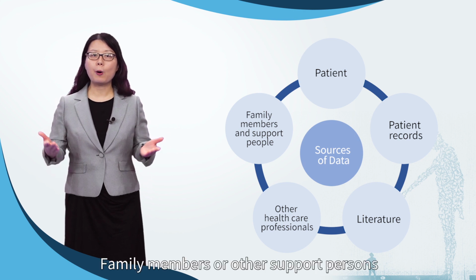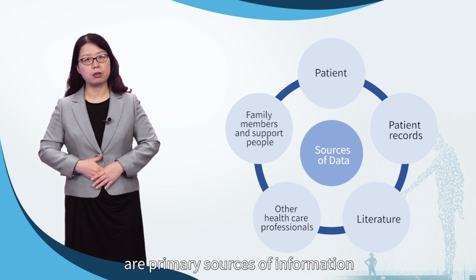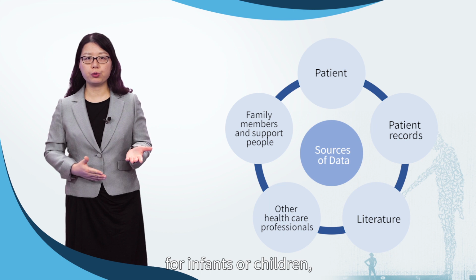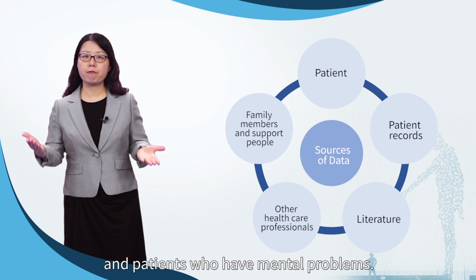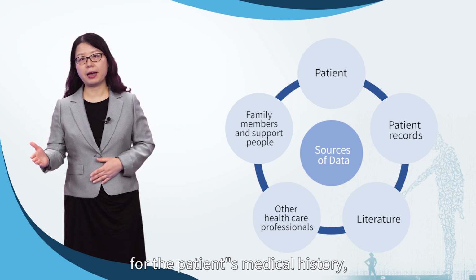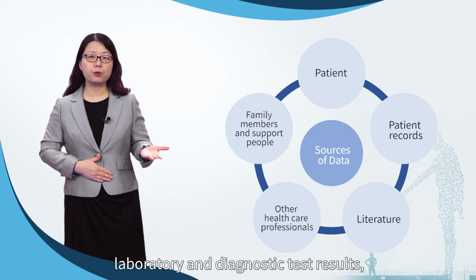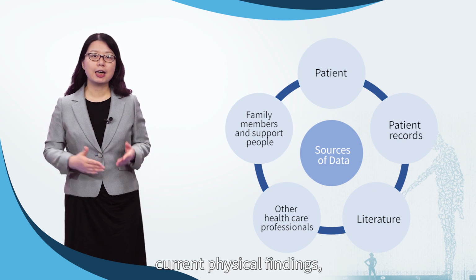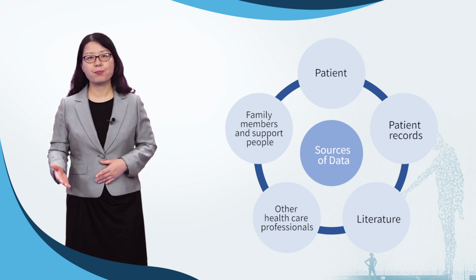Family members or other support persons are primary sources of information for infants or children, critically ill adults, and patients who have mental problems. Patient record is a source for the patient's medical history, laboratory and diagnostic test results, current physical findings, and the treatment plan.